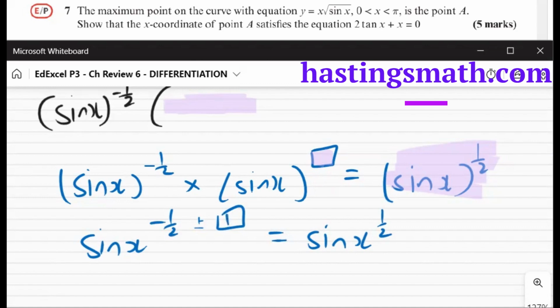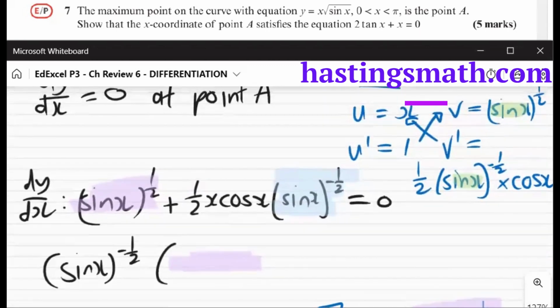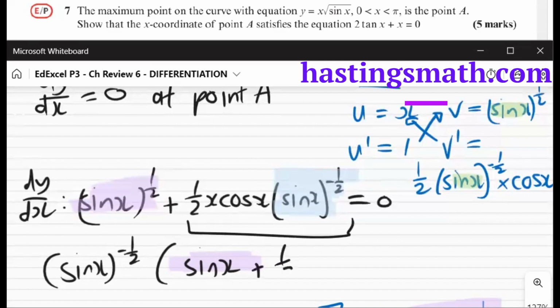So we're going to have sine x to the power of 1, which gets rid of that annoying negative exponent, so we just have sine x left over there. And of course, for the second term, the whole thing comes out, so we have a half x cos x times 1. So that's all equal to 0.